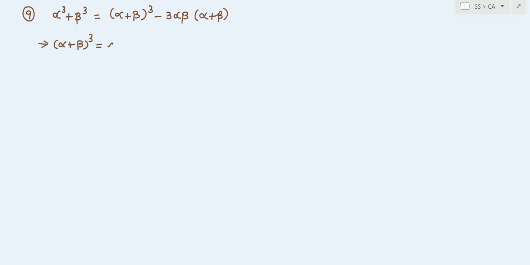Formula is alpha cube plus beta cube plus 3 alpha beta into alpha plus beta.